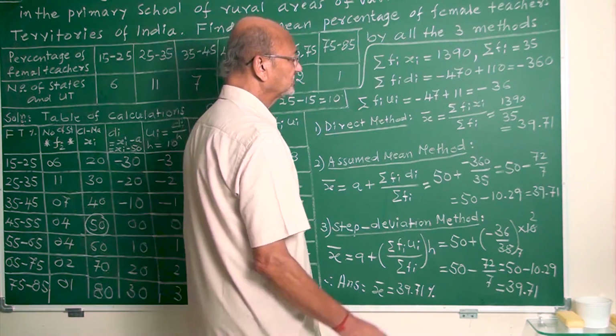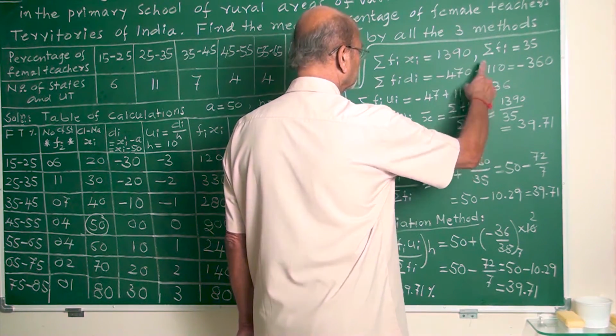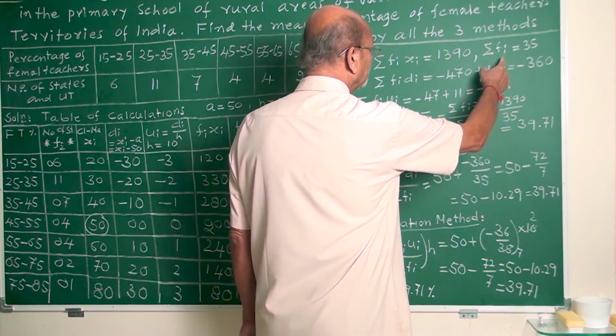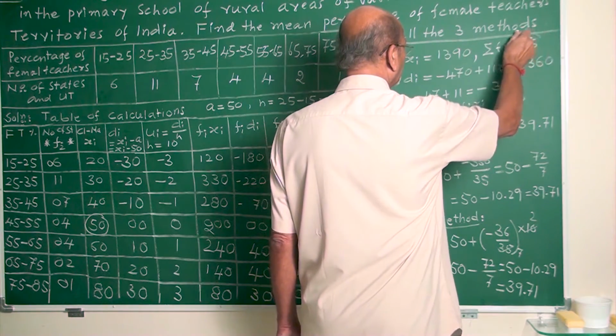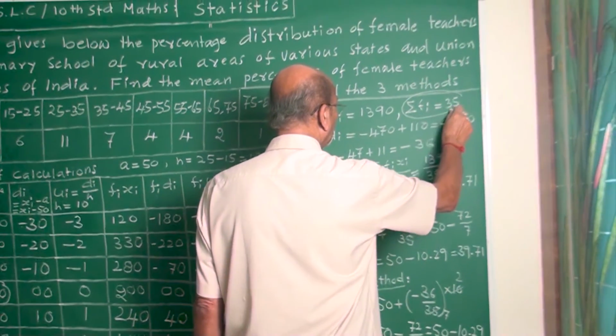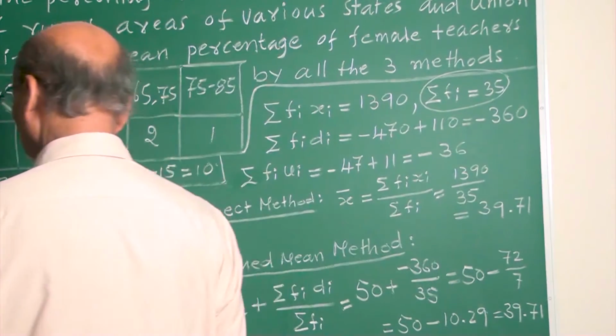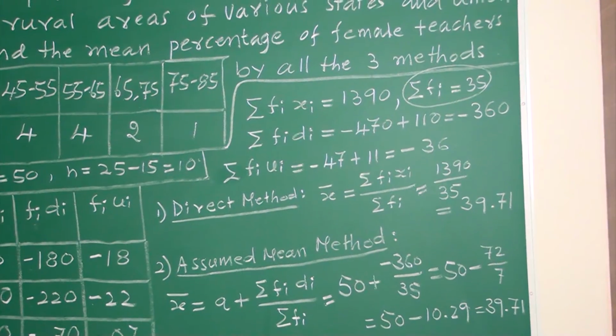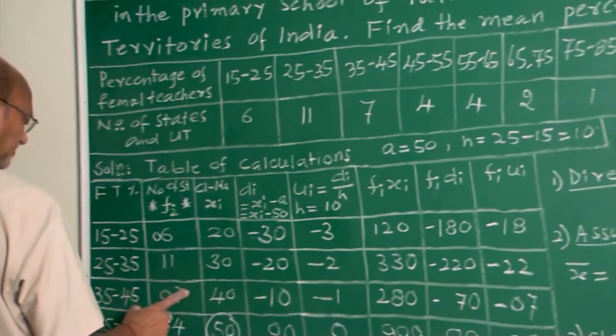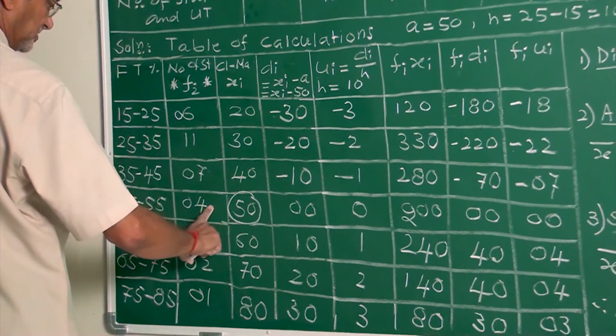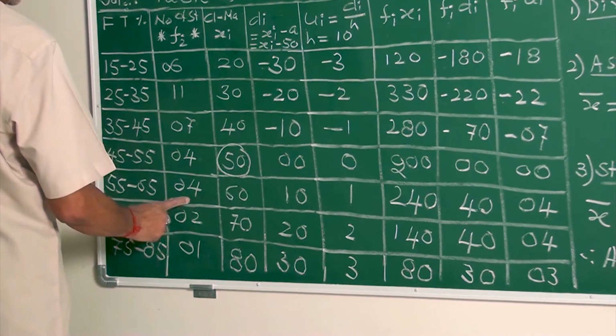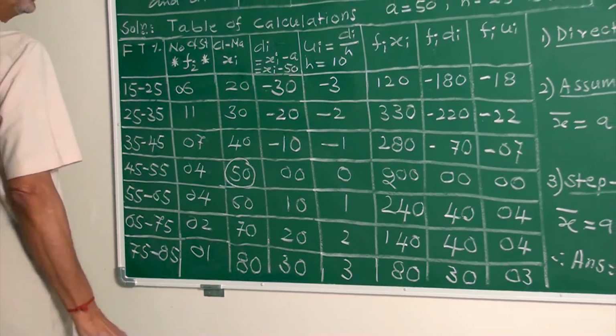Minus 47 plus 11 is minus 36. Then sigma fi, this is very important. Adding the frequencies: 6, 17, 24, 28, 32, 34 plus 1 is 35.